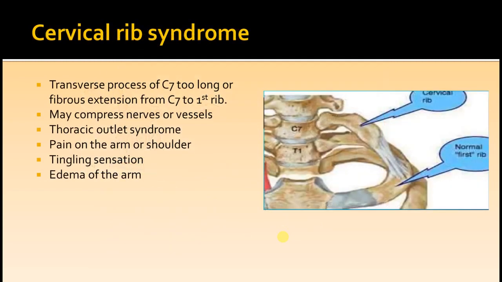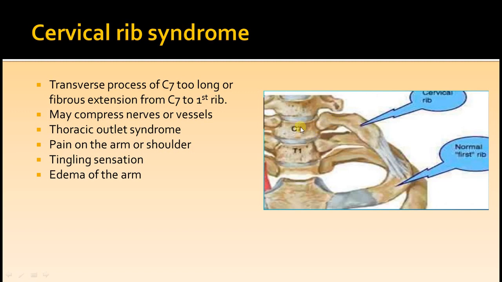The next type of injury which can be caused to the brachial plexus is due to the cervical rib syndrome. Now, the ribs that you see here are the costal elements. In the thoracic region they are elongated, but in the upper cervical region the costal elements of the transverse process get regressed or shortened.